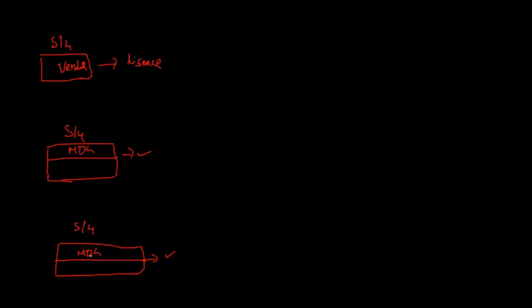So if you have 3 different boxes, you need to purchase 3 different licenses, and then 3 different implementations, and 3 different support projects. It's a huge amount of time and money investment for the company.